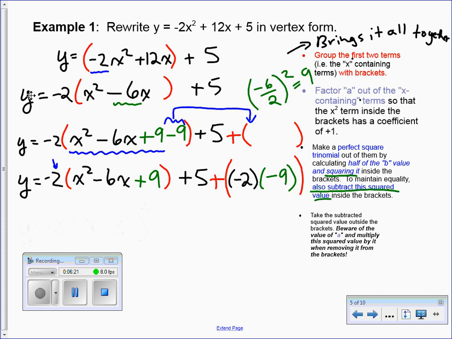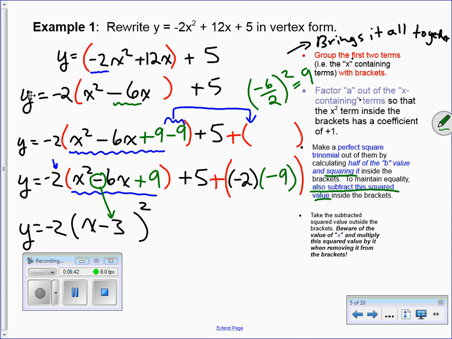So if I take a look at this result, you know that this part here is a perfect square. So I'm going to tell you what the perfect square is. It's x minus 3 all squared. Now, for this thing, the minus sign tells us what our middle term is going to be.